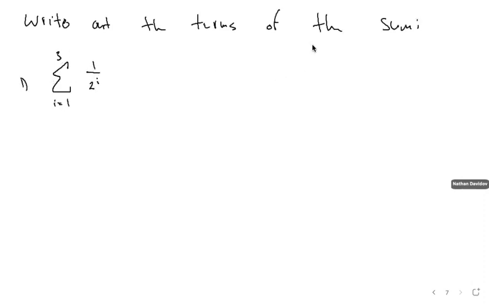This will be number 1. And this will be number 2. Okay, write out the terms of this sum. I'll give you about 1 minute to try this on your own.